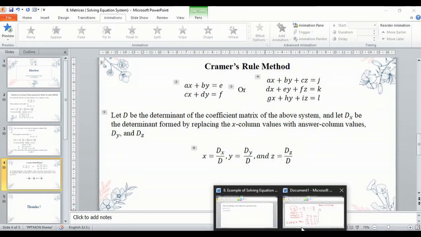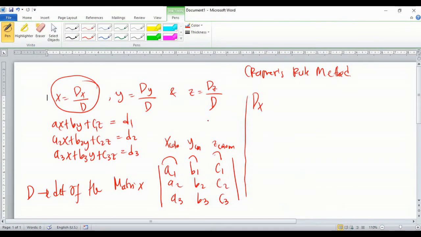We are back to the previous dx. For the x column, you replace it with the answer column value, so dx becomes d1, d2, d3. The second and third columns are still the same, everyone.